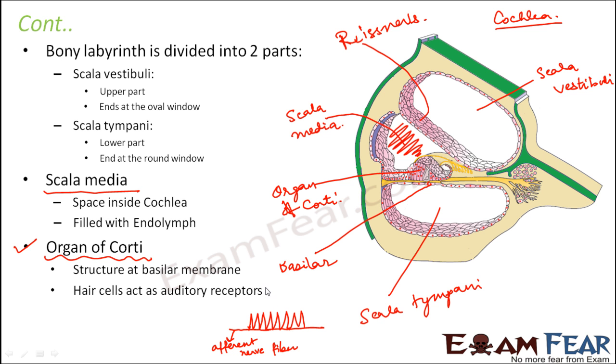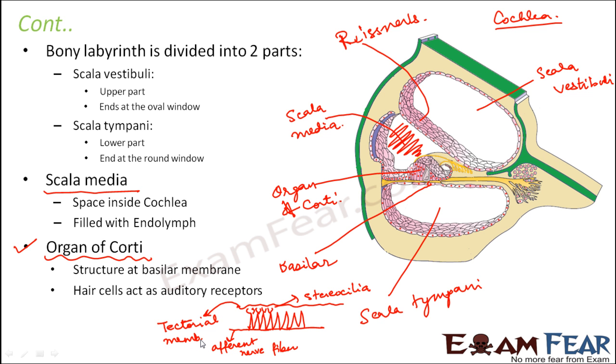And there are many cilia-like structures present on the apical part of this hair cell, and these are known as stereocilia. They are small fine thread-like structures present on its apical end, and also there is a membrane above these hair cells, which is known as the tectorial membrane.